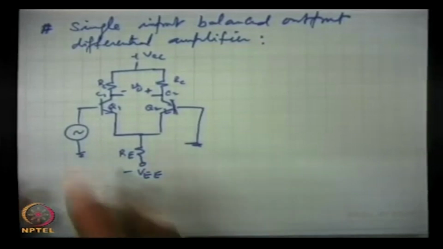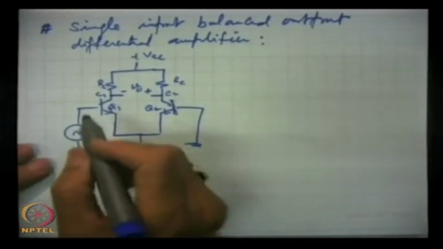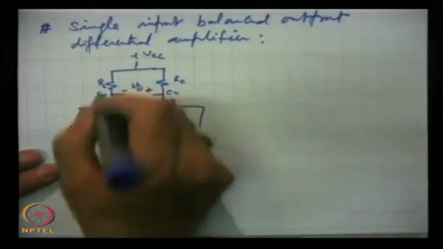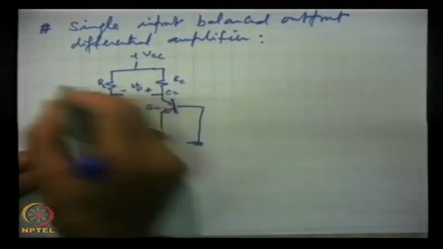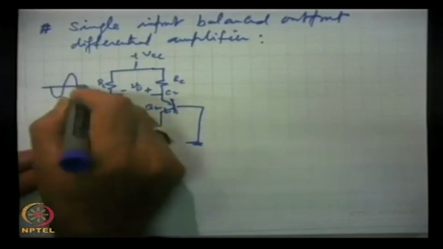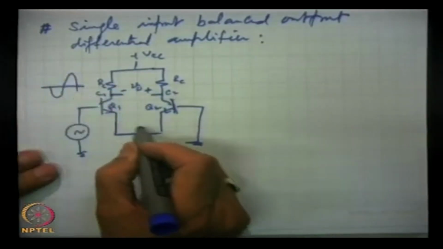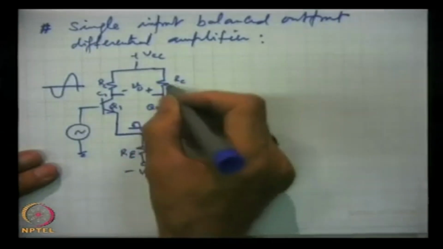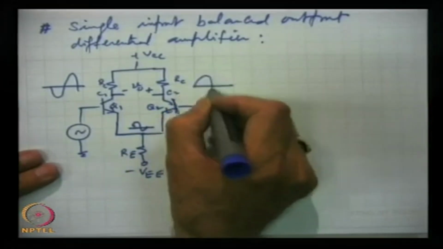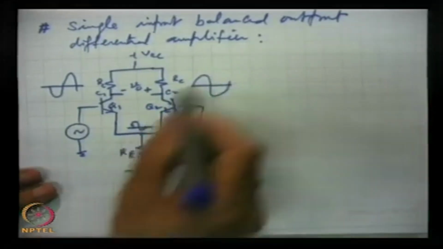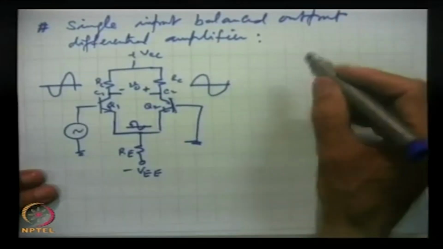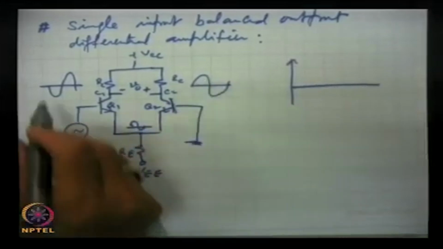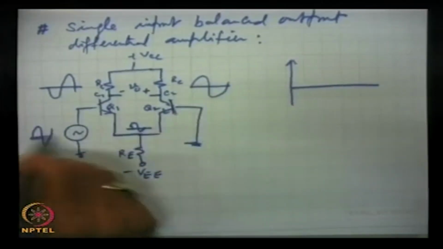Now, if we take this signal, we remember that it will appear here as inverted, but here it will appear like this. So, when we take the balanced output, the output is in phase with this input.